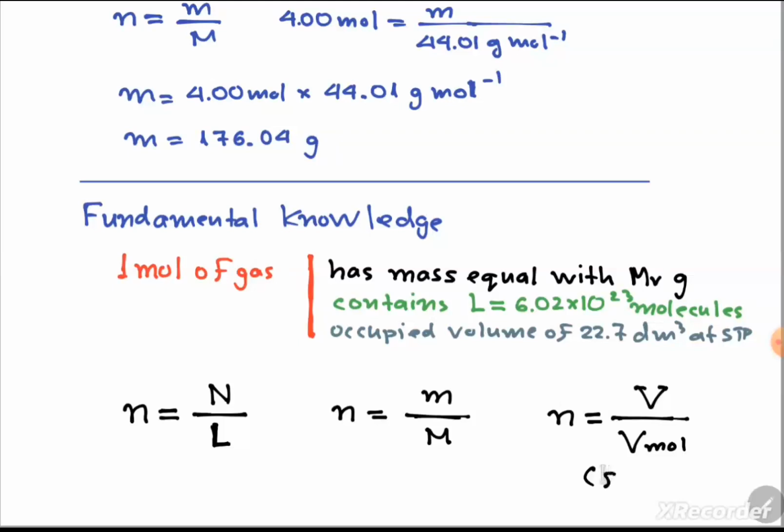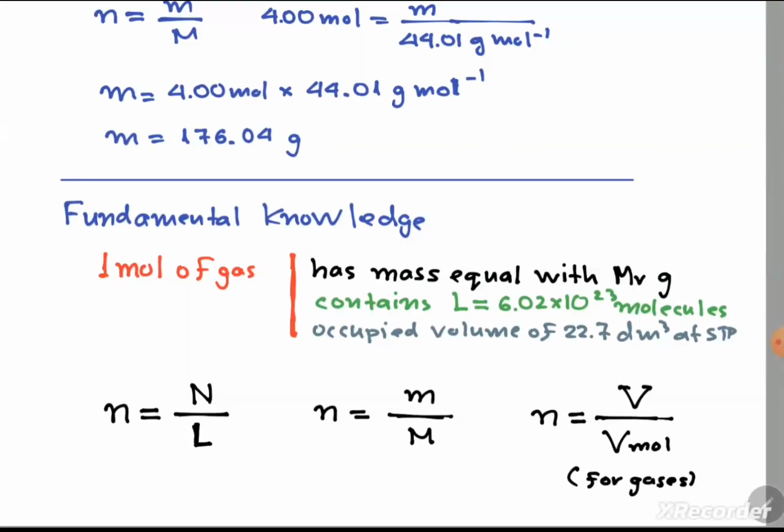This is only for gases. These are the three important relationships to succeed the conversion between the numbers of mole, numbers of molecules, mass, and volume of gas.